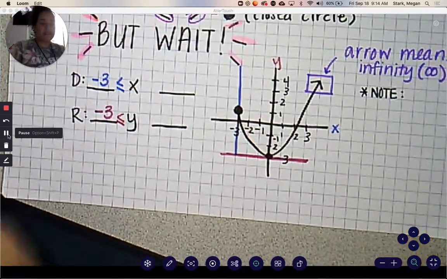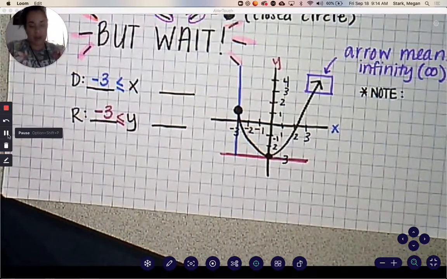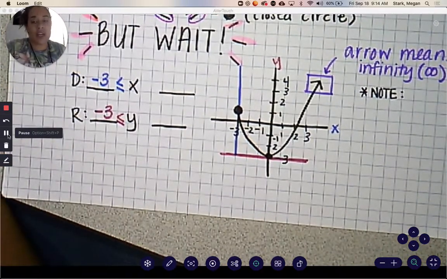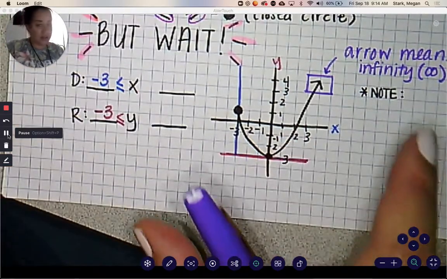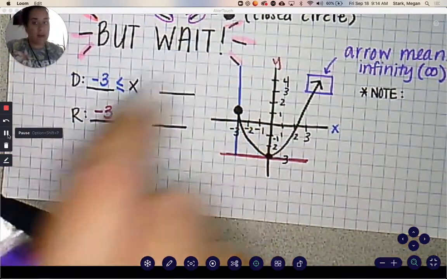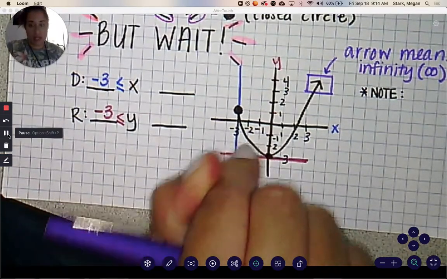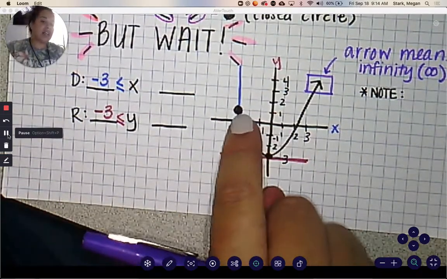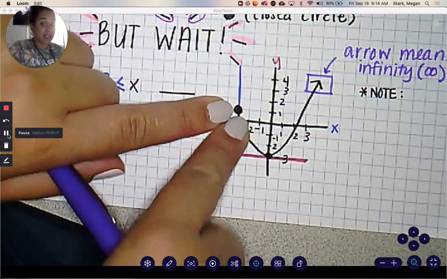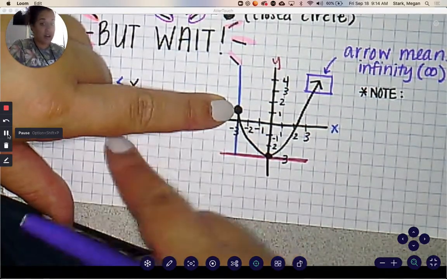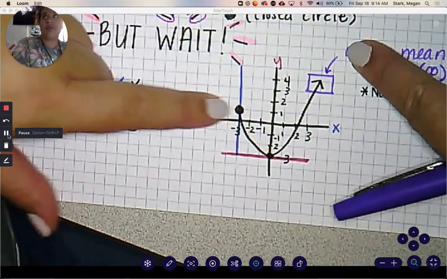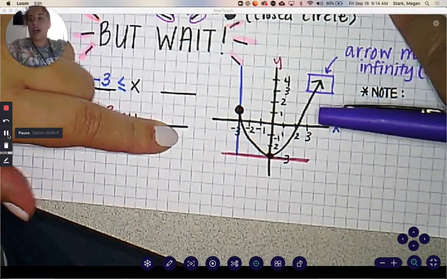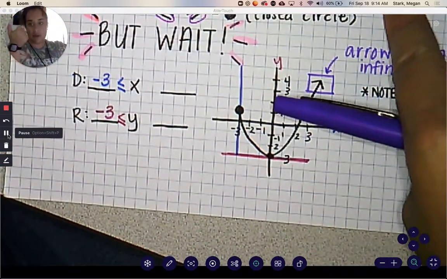Infinity means that your graph keeps going and going and going. It will never stop. So if I were to zoom out on this graph and look at it from the moon, the graph would start here. It wouldn't go any farther to the left, but that arrow means that it's going to keep going and going, and I would see that from the moon.